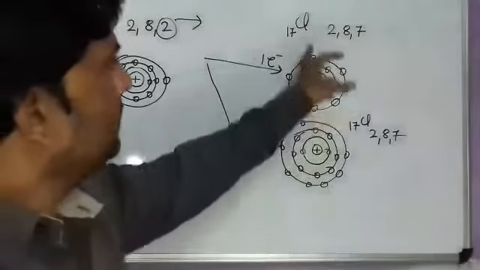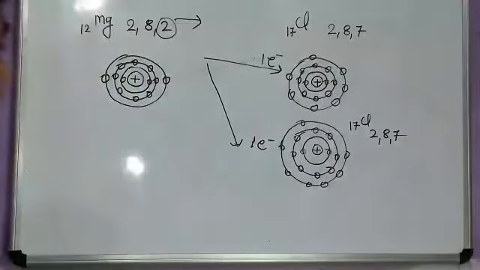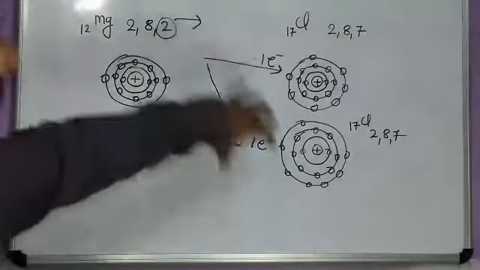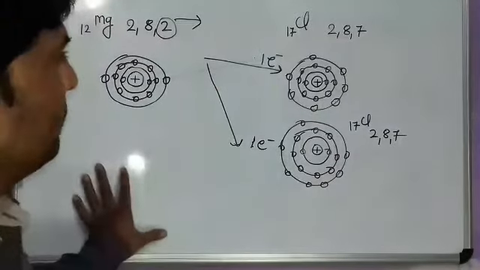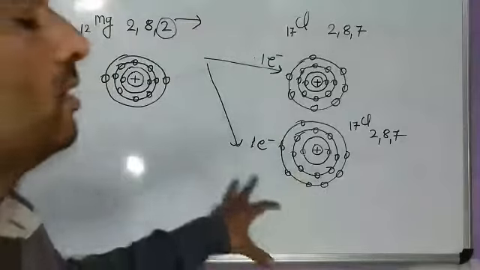Okay, so this chlorine atom gets 1 electron and this chlorine atom gets 1 electron, and the magnesium atom donates 2 electrons. This is the structure before there is any gain or loss of electrons.